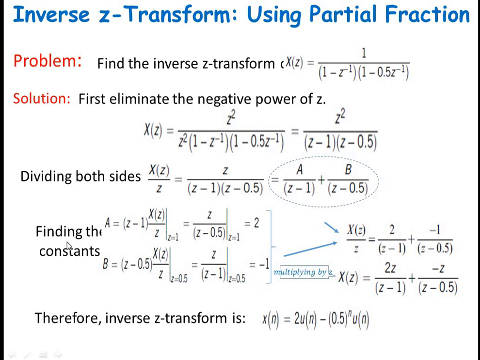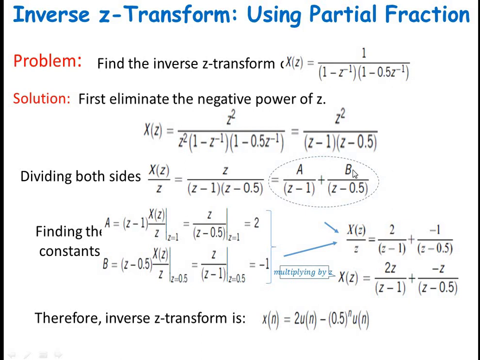First we are going to find the constants A and B. Here we have two constants. For finding the constant values, if you want to find the value of A, the formula is to multiply X of Z divided by Z with its corresponding denominator, so X of Z divided by Z into (Z minus 1).